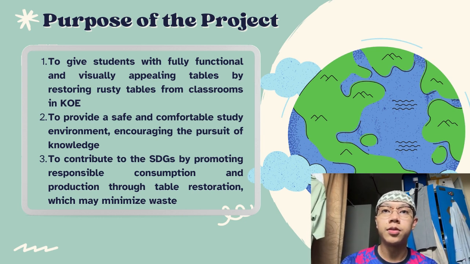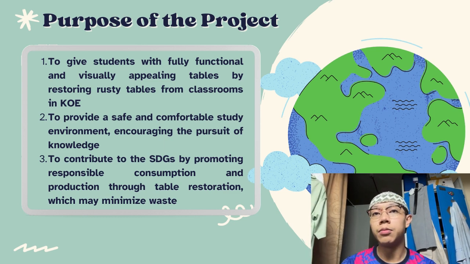So the tables at the Kuliah of Engineering have deteriorated significantly over time. This has had a significant impact on both the operation of the tables and the overall look of the learning environment.